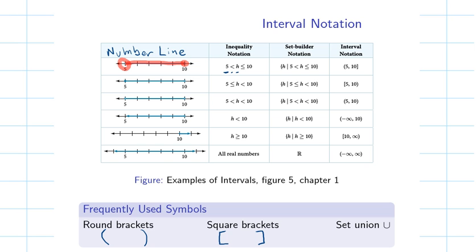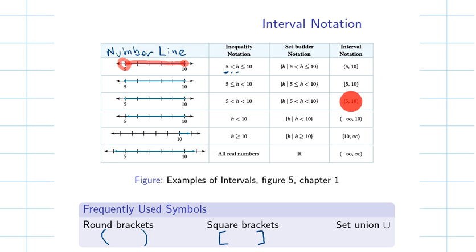Here's another example. Here we do want to include 5, but we want to exclude 10. Well, the inequalities just flip, and the set builder notation looks about the same, but now we have a square bracket around 5 and a round bracket around 10. If we don't want to include either 5 or 10, well, it's a strict inequality both ways.